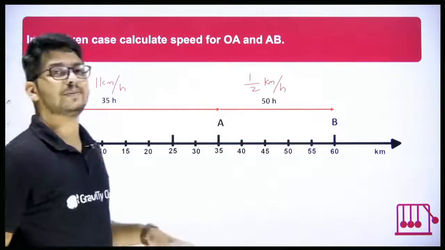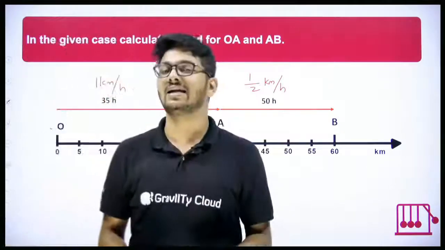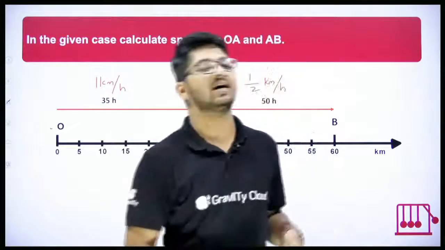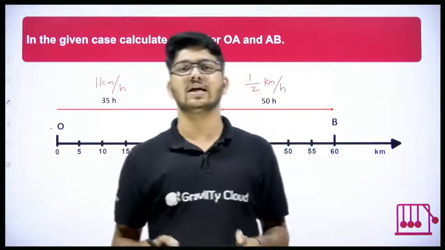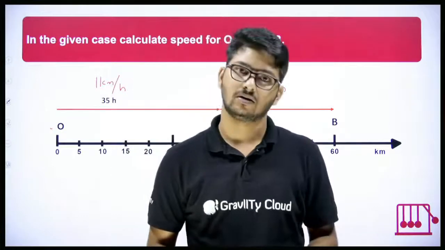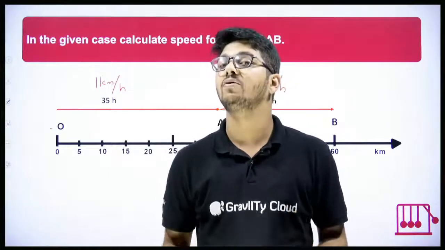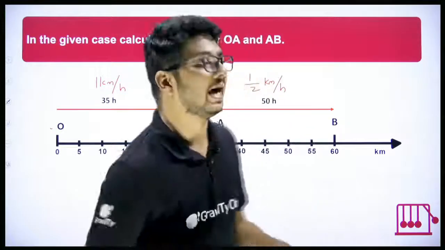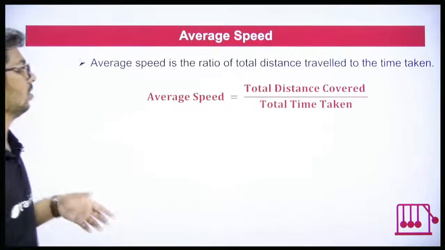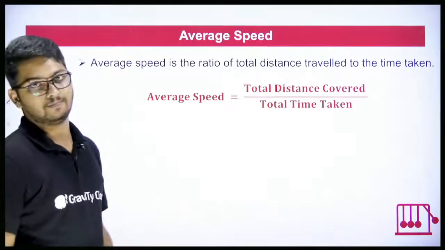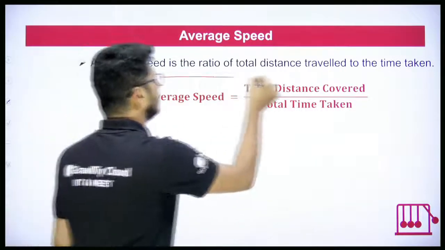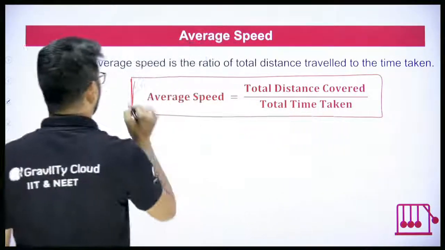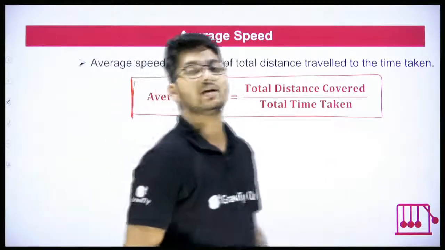You have two different speeds, so you can't tell it as 1 kilometer per hour or as half kilometer per hour. Understood? Then what will we do in this case? For that, we define something called average speed. The formula is similar; the only thing is we take total distance, we take total time and divide them.